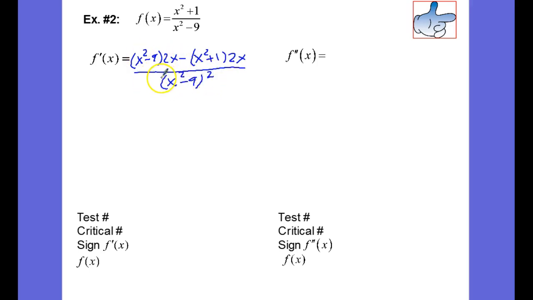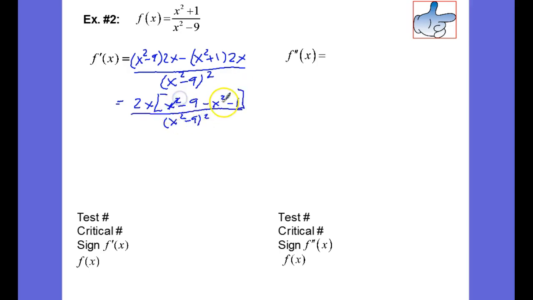Now, I do want to simplify a little bit because I'm going to have to take the derivative again. So I will go ahead and factor out a 2x in the top, and that's going to leave x squared minus 9. And now distributing the minus sign across the parentheses, we have minus x squared minus 1 over (x squared minus 9) squared.